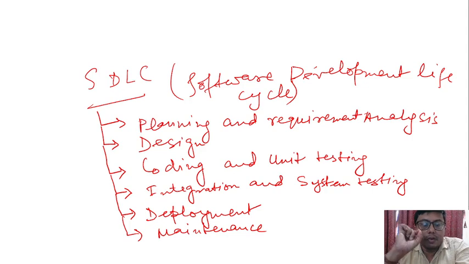Next is your coding and unit testing. In the coding phase, as you all know, whatever algorithmic steps we have designed and written in the design phase are then converted to programs or the instructions of the programs, so that the algorithm is implemented to develop that particular functional unit of a software.